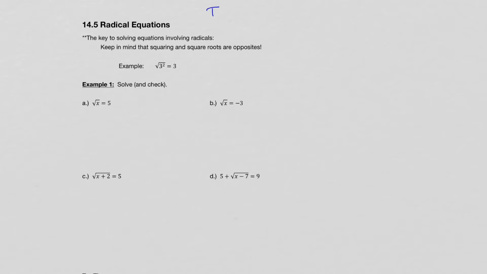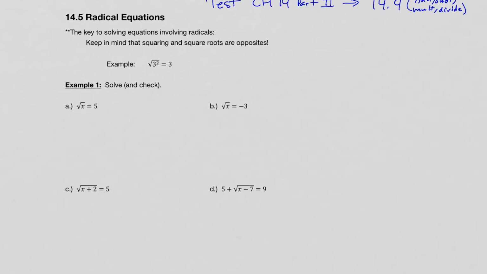So your test for chapter 14, part 2, is only going to include 14.4, which was basically adding, subtracting, multiplying, and dividing radical expressions, or square root expressions. So this is 14.5. All you have is two sections for your homework, and let's get started with this section.